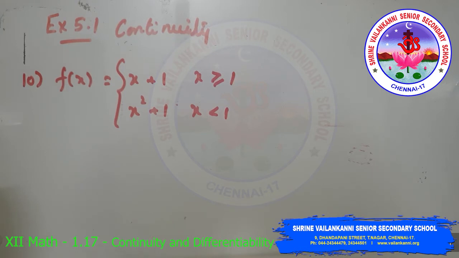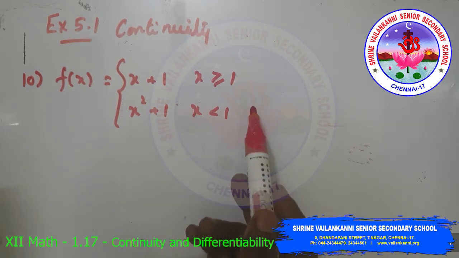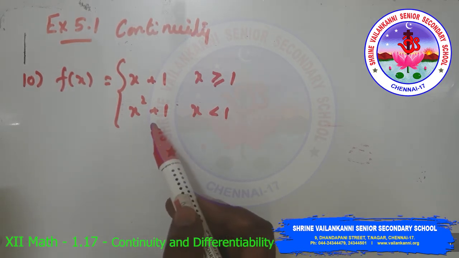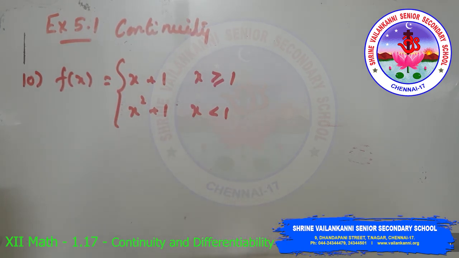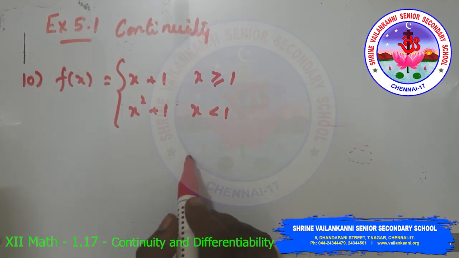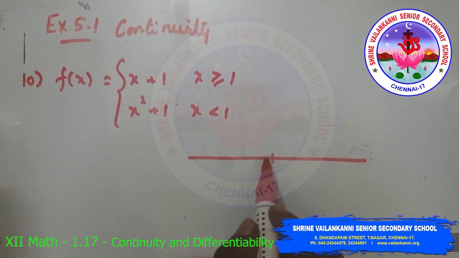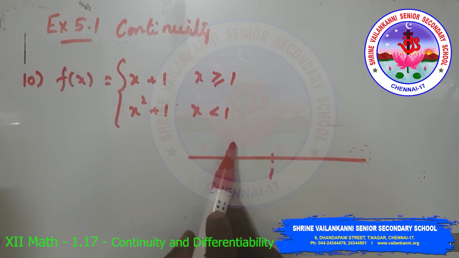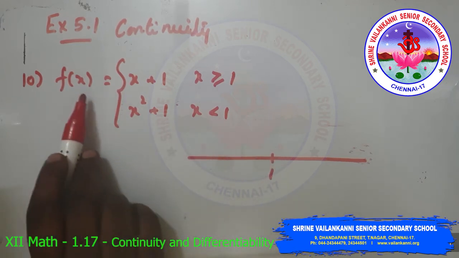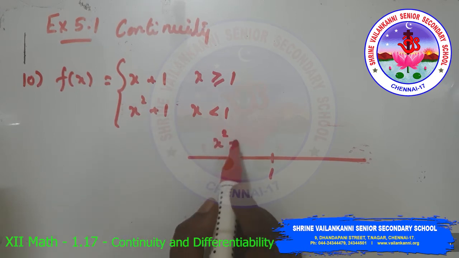10th question, f of x equal to x plus 1 when x is greater than or equal to 1, and x square plus 1 if x is less than 1. We have to find all points of discontinuity of f. Using the number line, to the left of 1, when x is less than 1, f of x is defined to be x square plus 1.